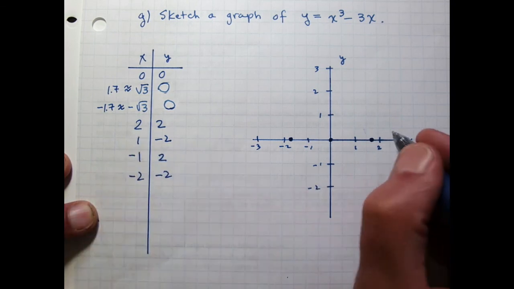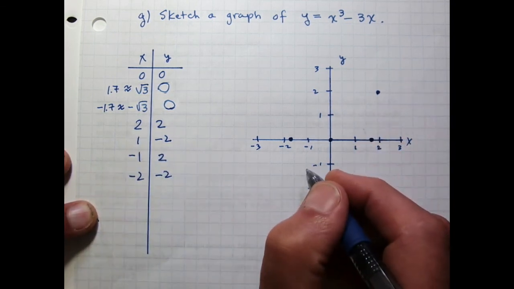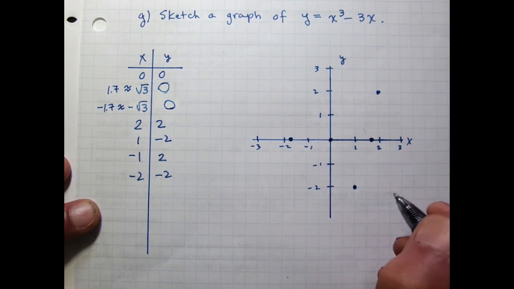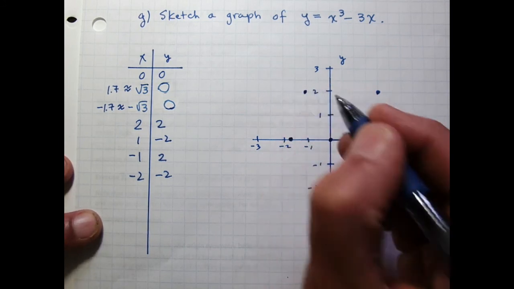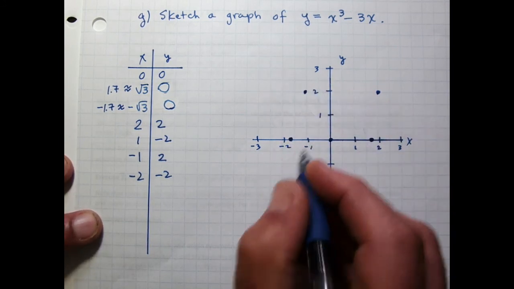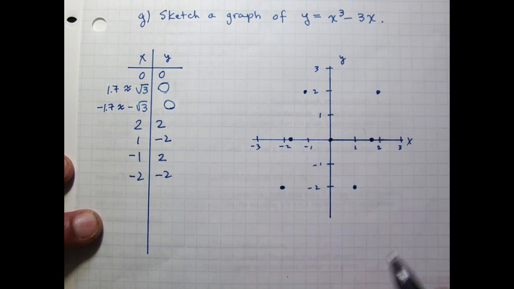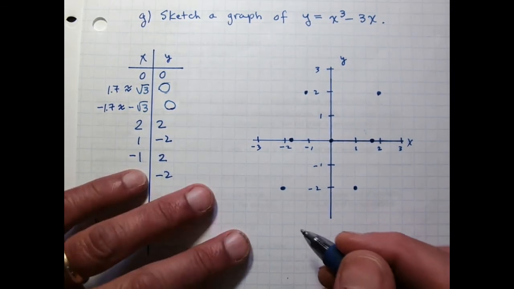Then I have (2, 2), (1, -2) down here, and (-1, 2), and finally (-2, -2) is right here. And I'm not going to go to Desmos this time.